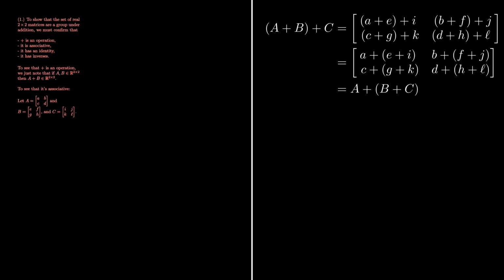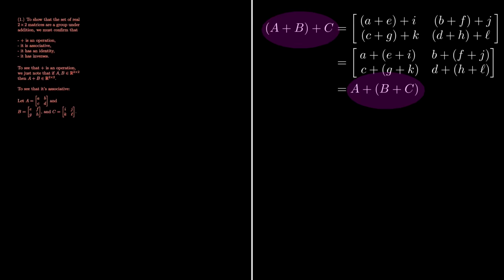Okay, and then we export this all back to the language of whole matrices by saying that this is the same thing as A plus (B plus C). You can reason through that. At the very beginning in the upper left-hand corner, with (A plus B) plus C, we were writing things in the language of entire matrices.